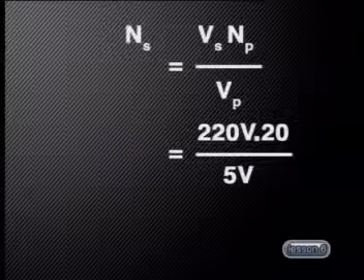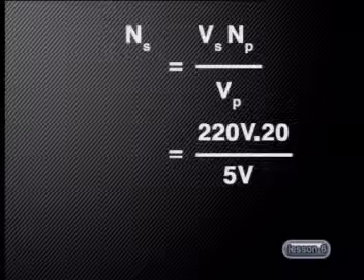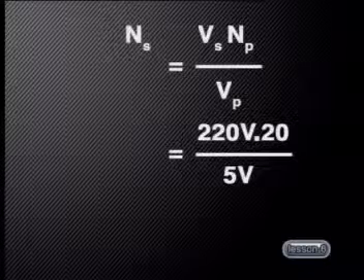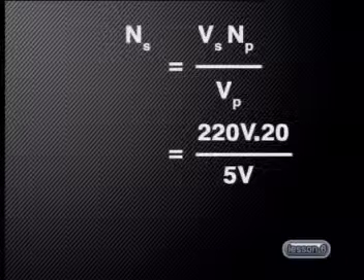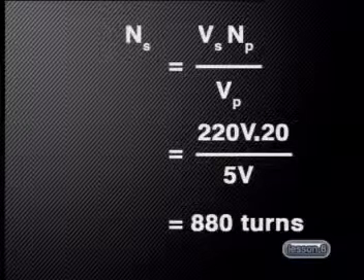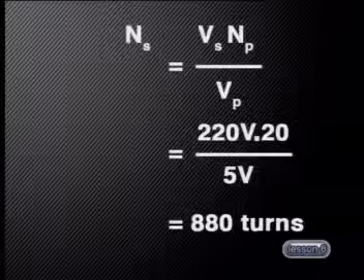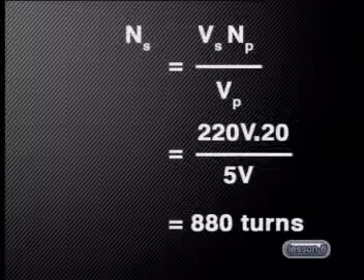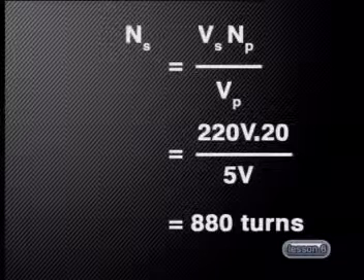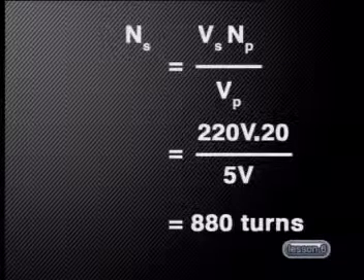Then we substitute the values into the formula. Np is 20, Vs is 220 volts, and Vp is 5 volts, and we find that Ns equals 880. So there will be 880 turns or windings in the secondary coil.